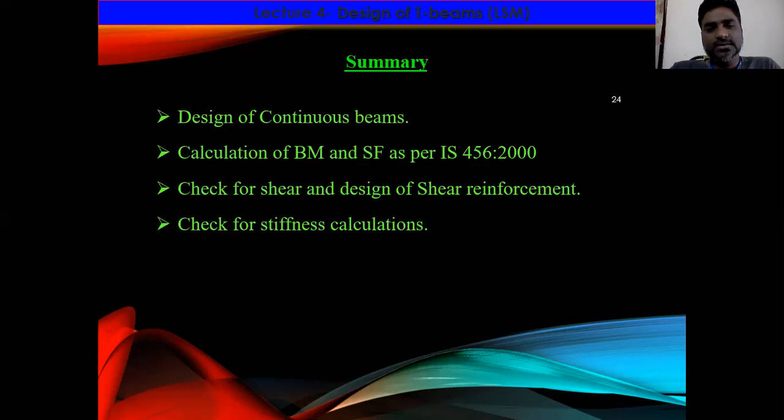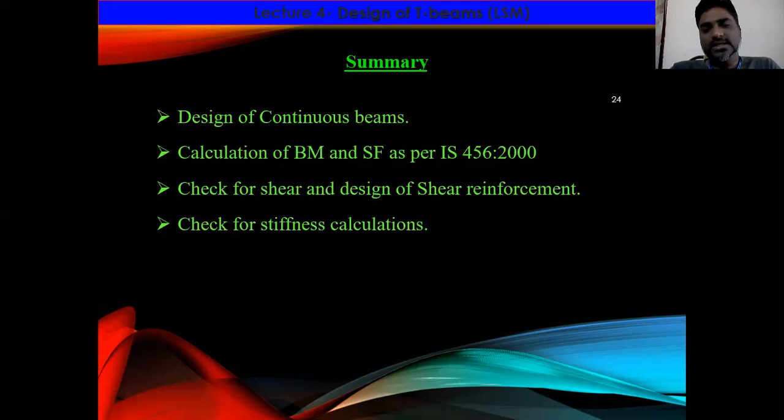Then we calculated the bending moments as per the coefficients proposed by IS 456-2000. So we calculated the span moments as well as support moments, and based upon the moments, we took the maximum bending moment for checking the depth required.